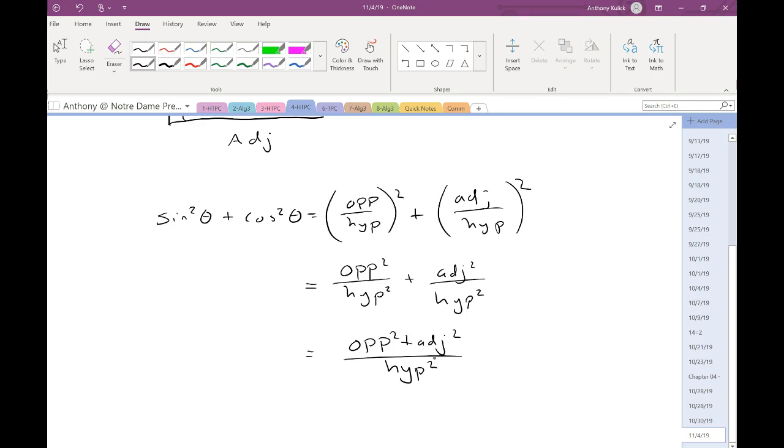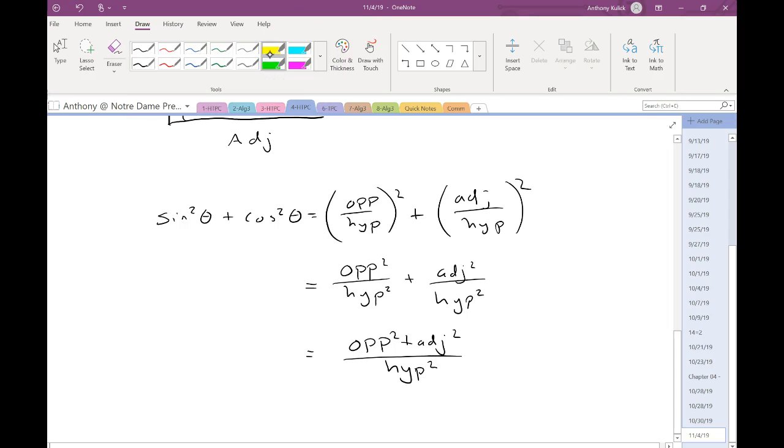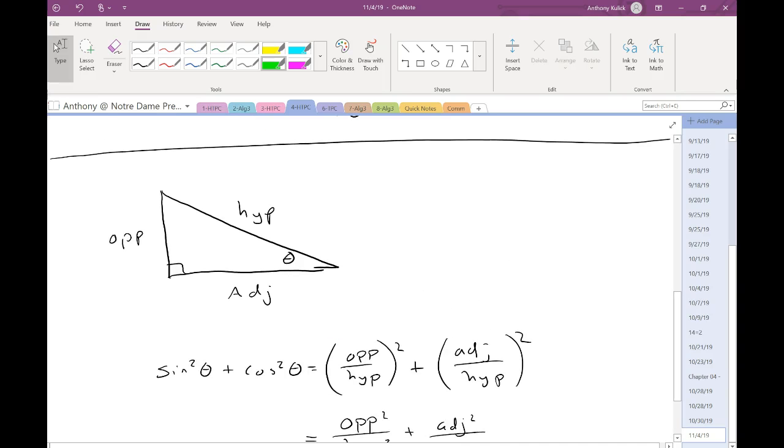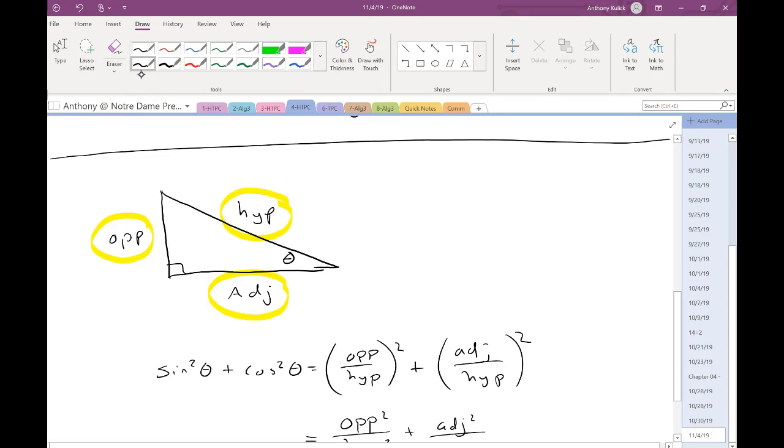And now I'm going to ask, what does opposite squared plus adjacent squared have to equal? Let's go back and look at our right triangle here. Opposite squared plus adjacent squared has to equal hypotenuse squared, right? Why? It's the Pythagorean theorem, right?